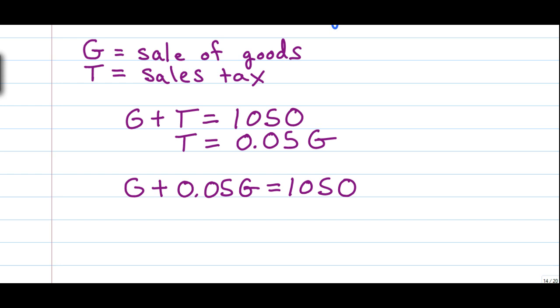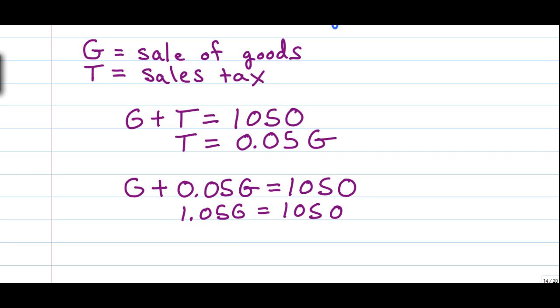Now we can go ahead and solve for G. We combine the 1G plus the 0.05G. This results in 1.05 G equals 1,050.